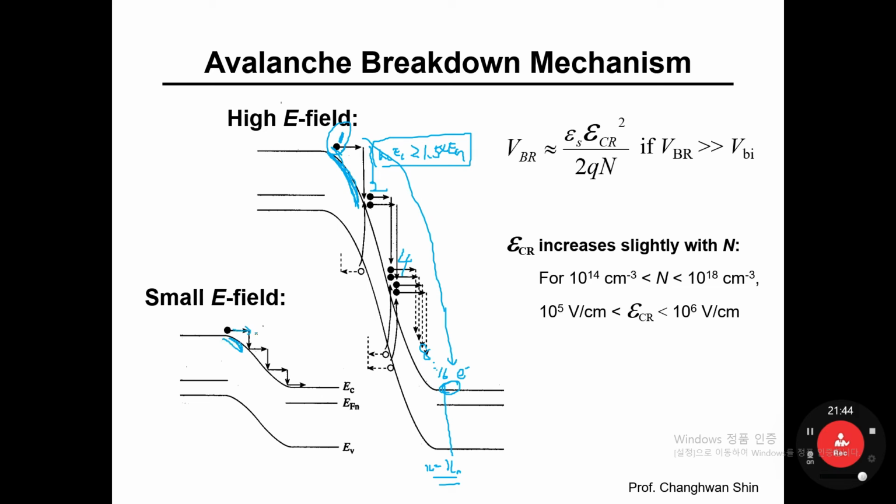Then simply this electron would lose its kinetic energy, but that kinetic energy would be converted into thermal energy, and it doesn't do anything. So this electron would simply fall down into the n side, and that's it. So a very saturated current can flow. Well, basically this is the basic idea of how the saturation current can be formed in the ideal diode.